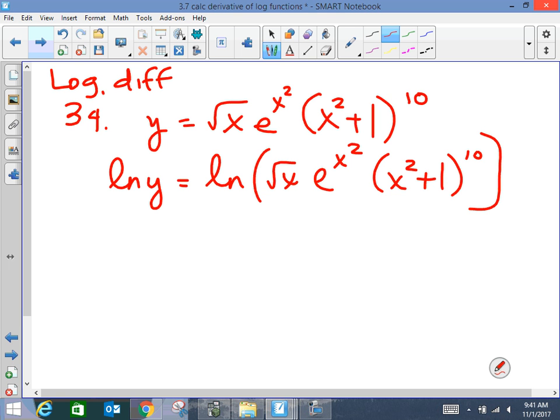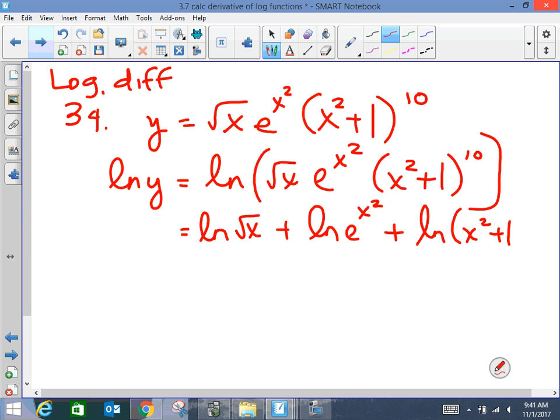Because instead of doing all the multiplication, we're going to do what? There you go. You're going to do addition, because we are multiplying those numbers, right?